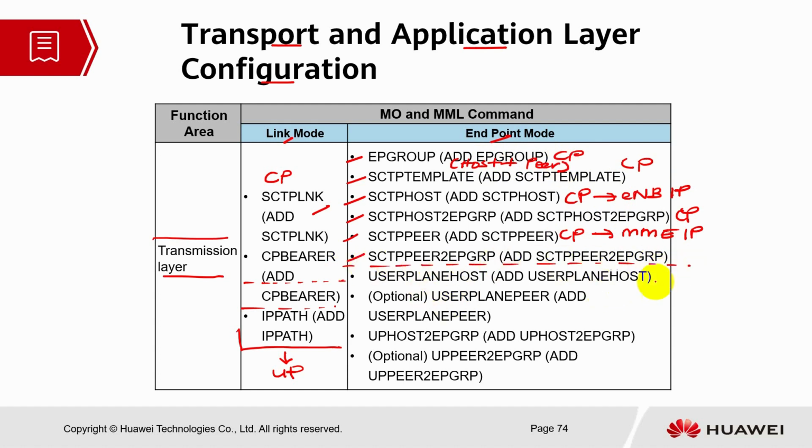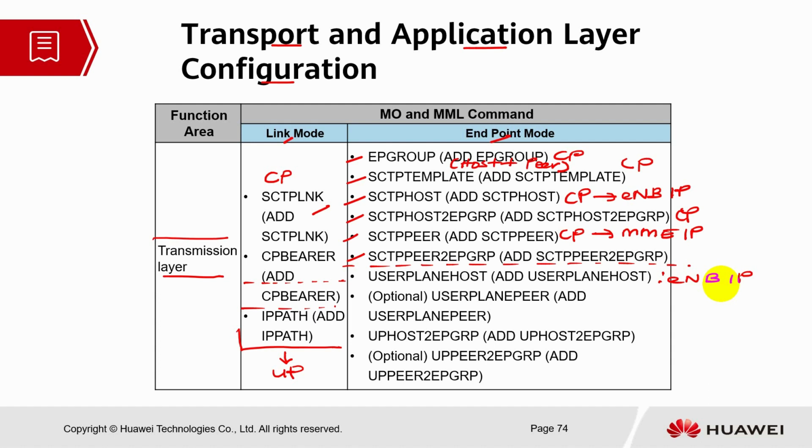On the other hand, user plane host belongs to the eNodeB IP. In some cases, the signal IP will be different, service IP will be different. Why do we make it like this? One thing is that we have two different modules, devices to connect. For example, the signaling goes through MME and the service goes through serving gateway. So they are not the same, so we have to separate the link.